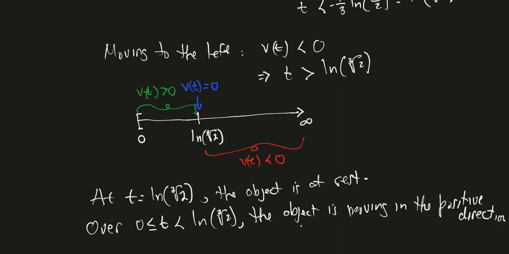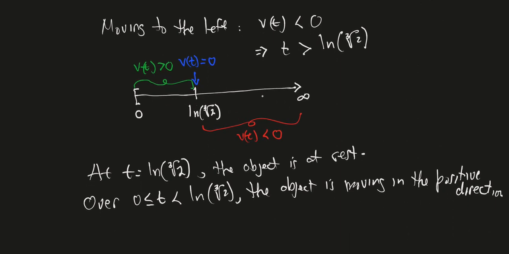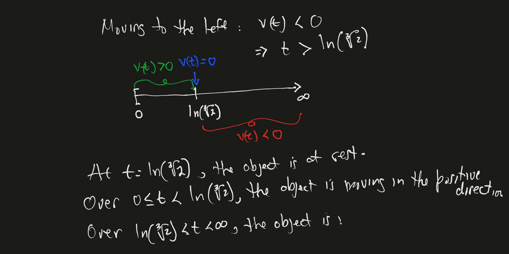All right, and then once you go past this time, over the interval ln of the cube root of 2 is less than t, which is then less than infinity, I'm just using the inequality notation here, we can say that the object is moving in the negative direction.